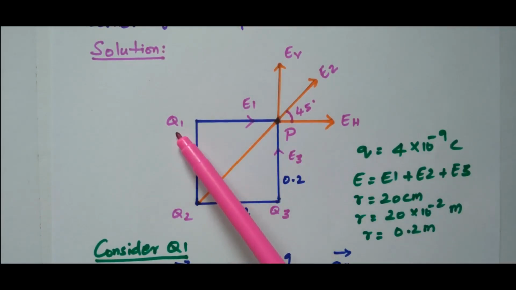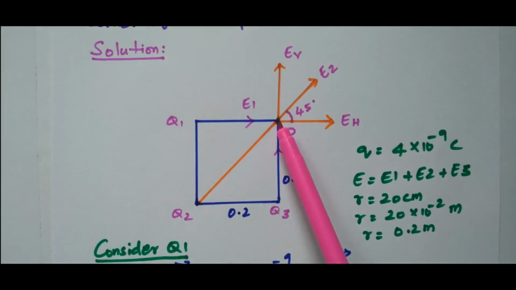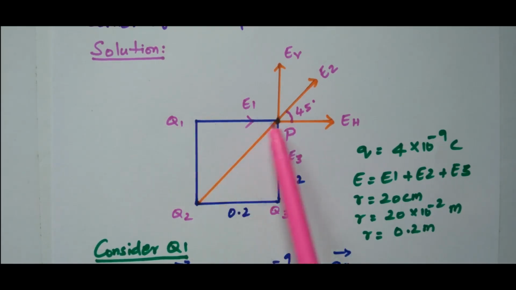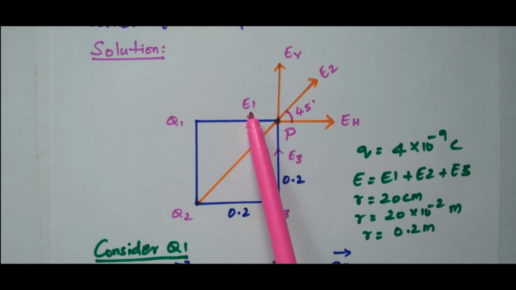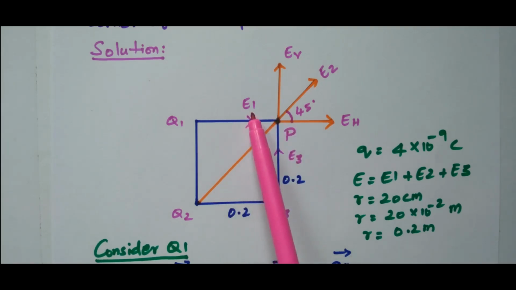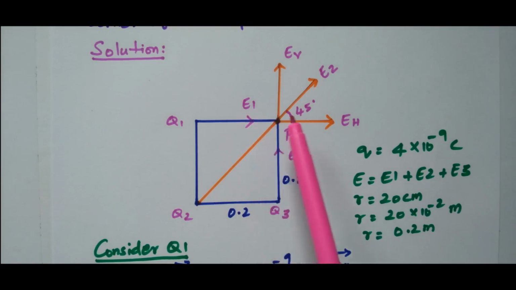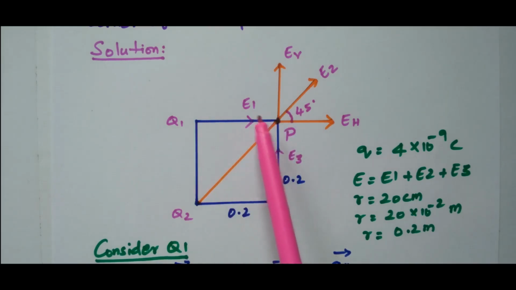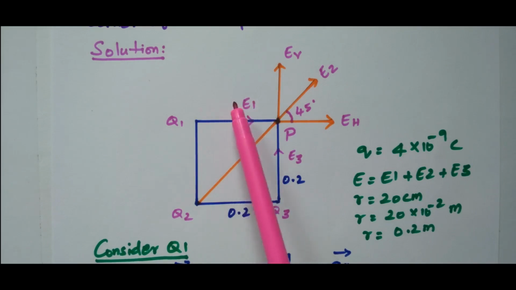First consider Q1. So the electric field intensity due to Q1 will be E1 in this direction. Both are available in the same line. So only one component E1, right? So the E1 is the electric field intensity on point P due to the charge Q1. Both being placed in the same line, we have only the horizontal component E1.